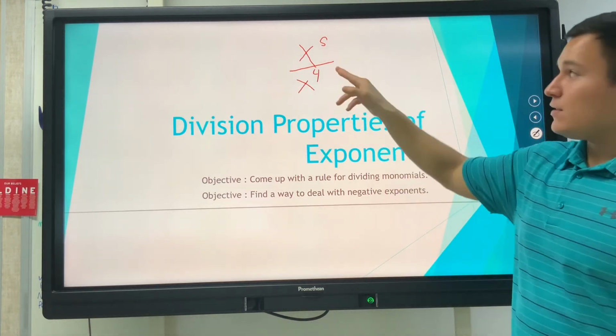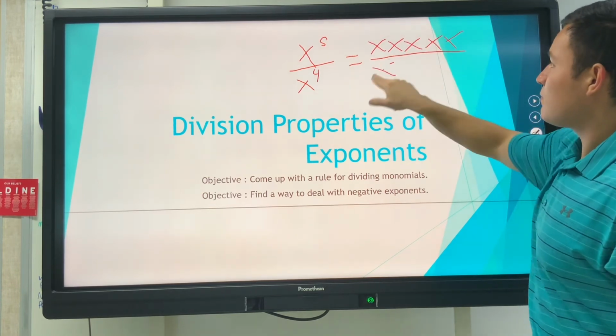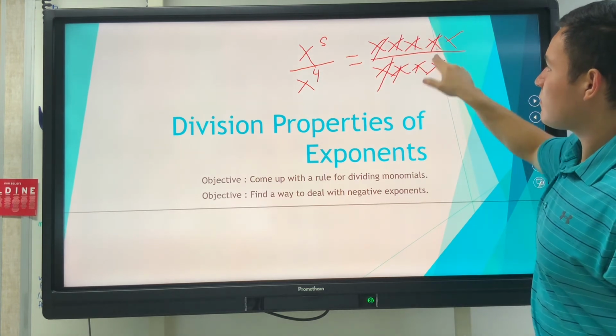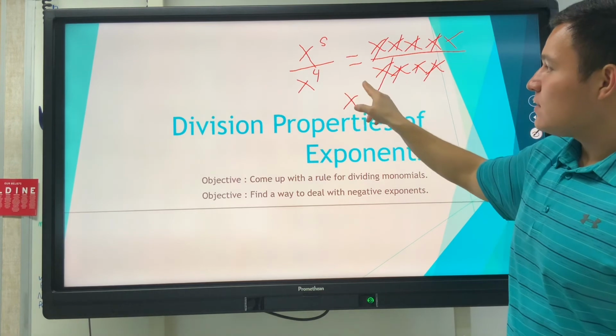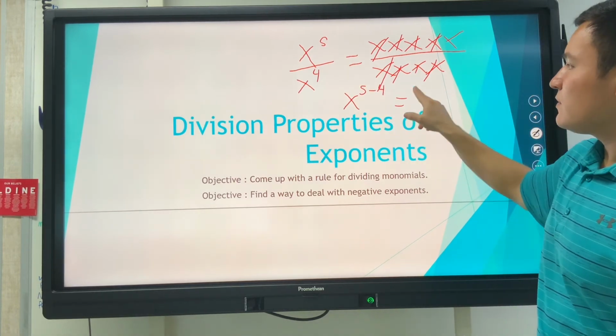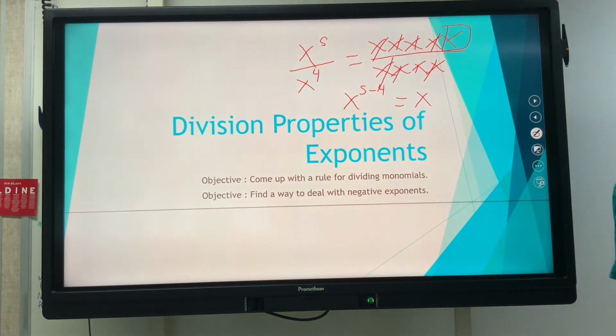The two options are, you expand it and then cross things out, or you take the exponents and the top number will subtract the bottom number to get x. And that's what was left over here, was x.